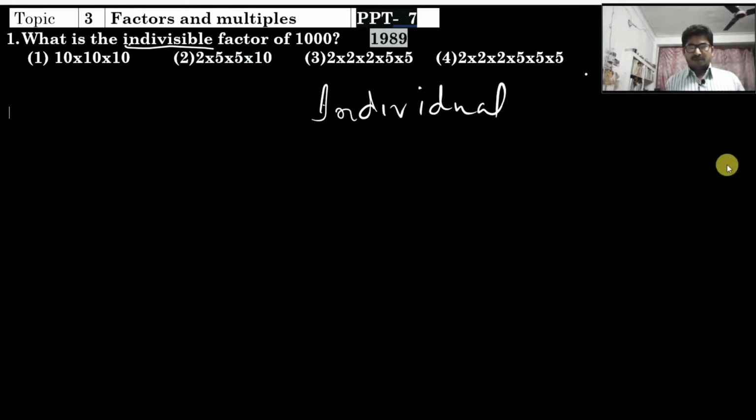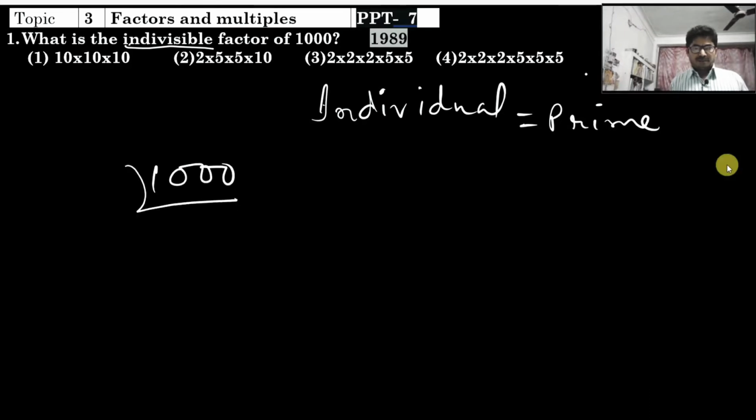Individual number means prime, so you remember this. Individual factor means prime factors. That's why we have to follow this process to find prime factors.